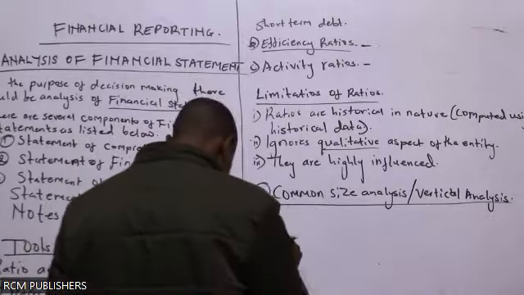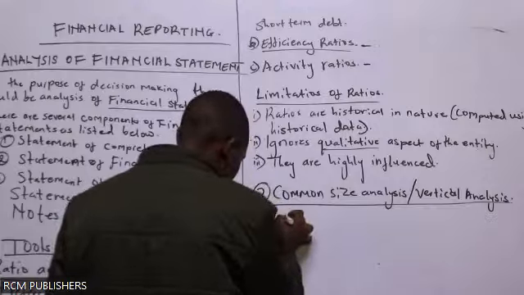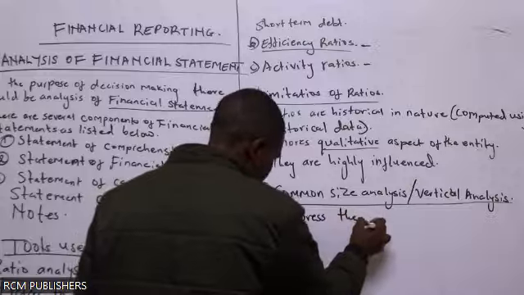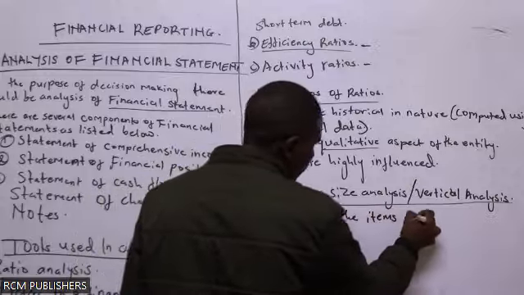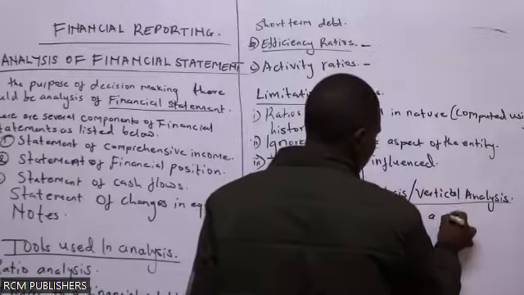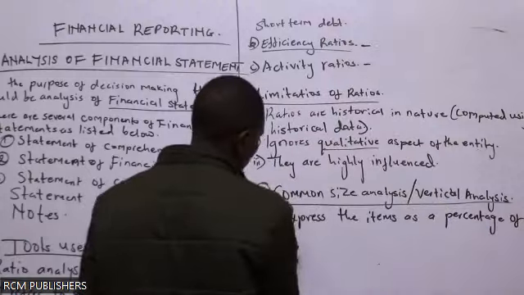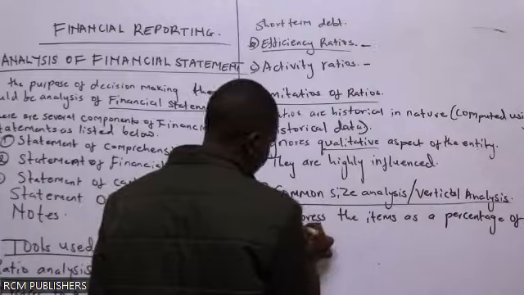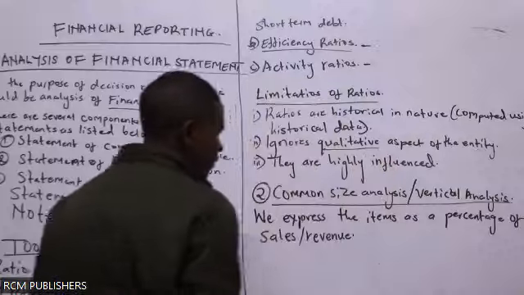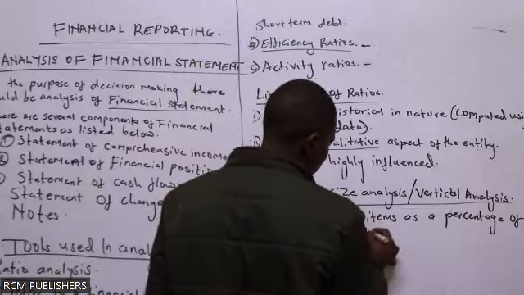In the income statement, we express the items as a percentage of sales or revenue. Very, very important. So the revenue, this is in terms of our income statement.